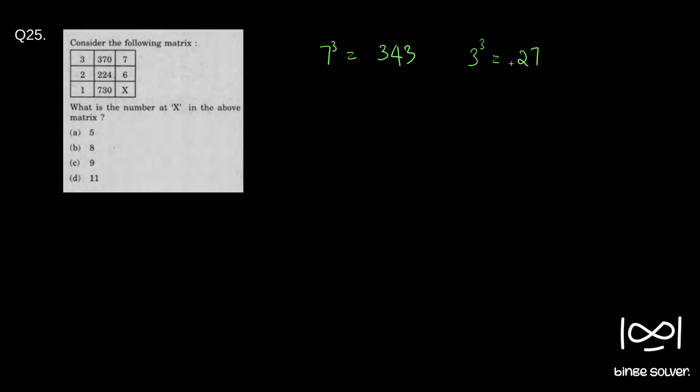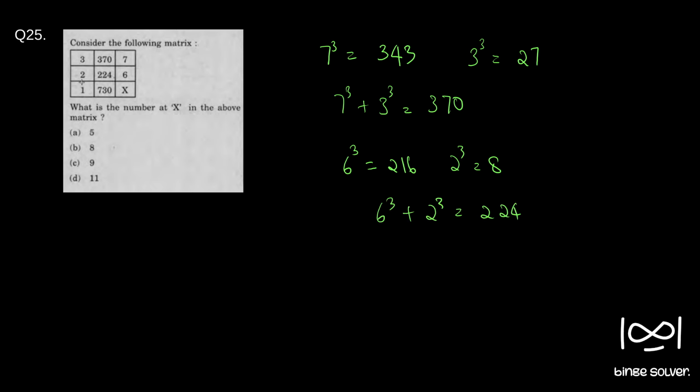So the sum of 7 cube plus 3 cube is 370. Similarly, if you check 6 cube, it is 216. 2 cube is 8. So 216 plus 8 is 224. So 6 cube plus 2 cube is 224.